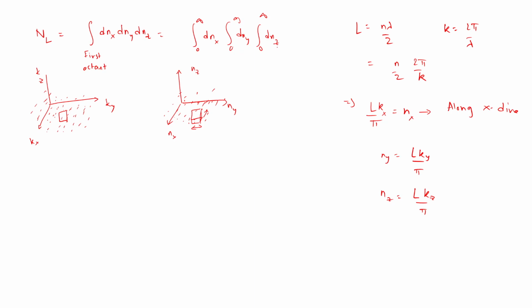So this is the number of states in 3 dimensions. If you want to find the number of states in a 2D system, let's say the 2D system is only in the xy plane, then you do dnx from 0 to infinity and dny from 0 to infinity.